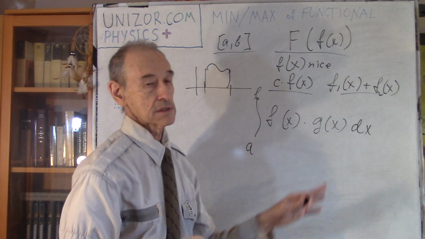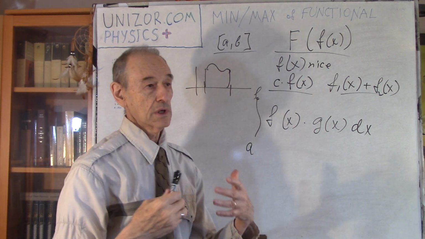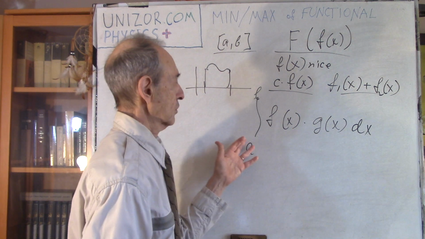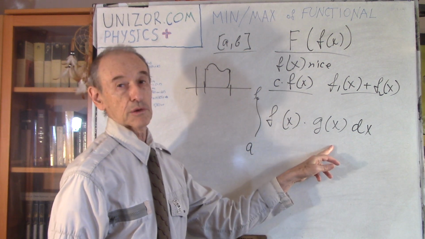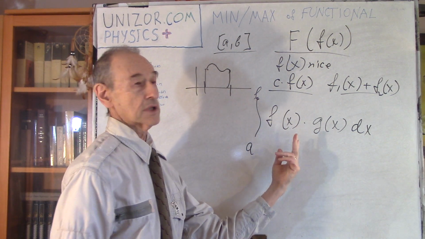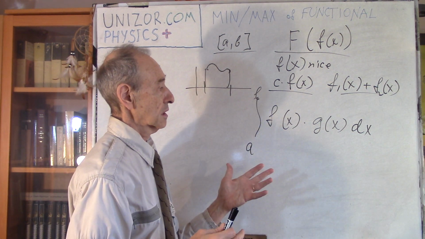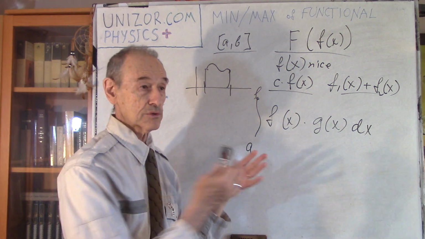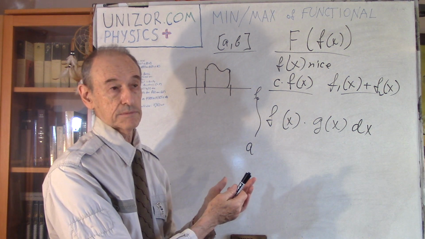Obviously, this corresponds to all the properties of a scalar product. First of all, it's a real number. It's linear in this argument and linear in that argument. It's commutative. It's associative, obviously. So everything corresponds. So this definition of a scalar product can be introduced into our set of functions.